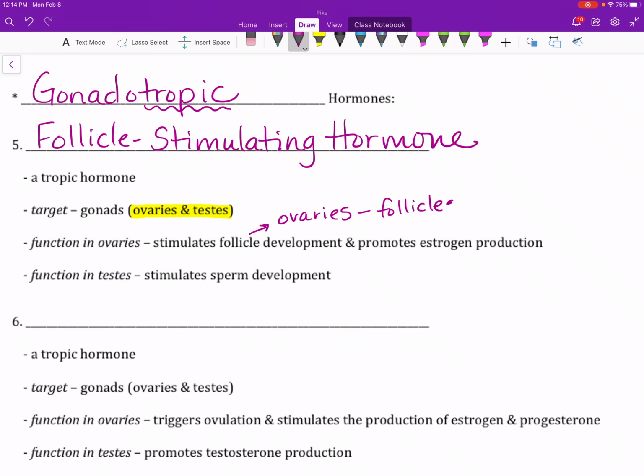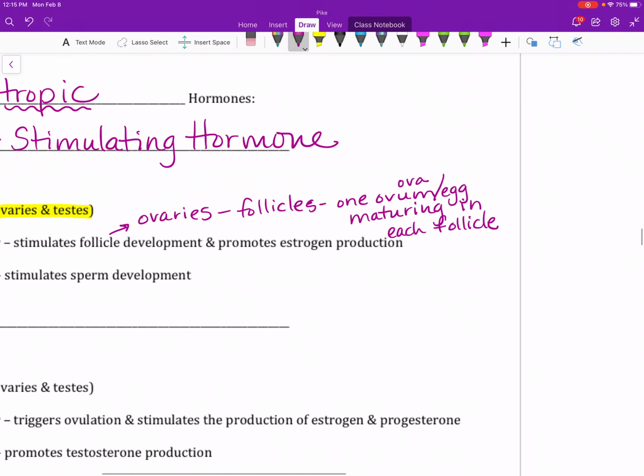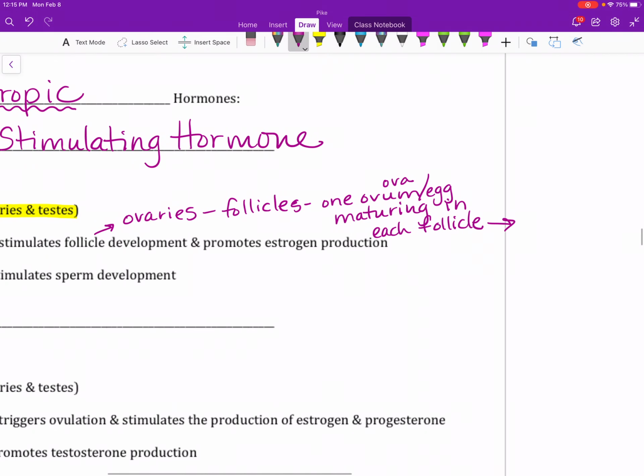Inside each follicle, there's one ovum or egg, and then plural is ova, one ovum or egg maturing in each follicle. And there are many, many follicles in the ovaries. So this is stimulating these follicles to mature their egg, to get ready for that egg to be matured so that it could be ovulated.